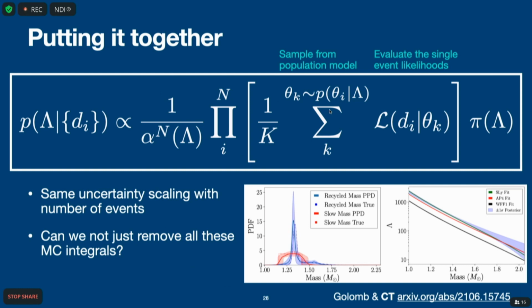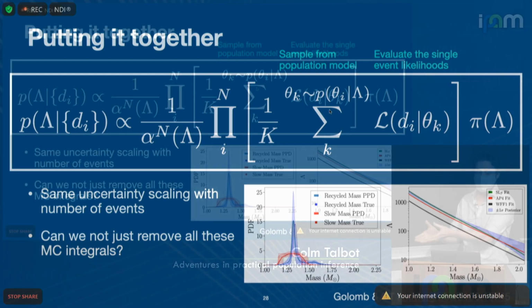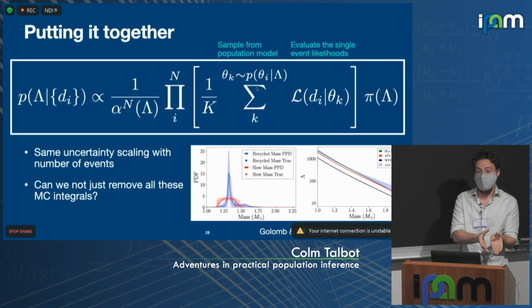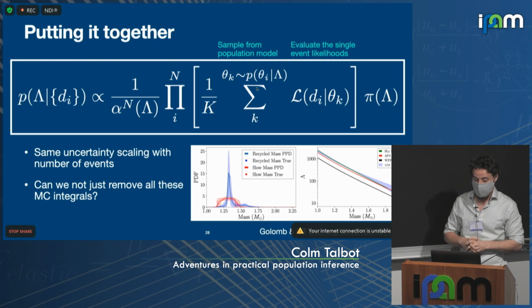This still has the same uncertainty scaling with the number of events, so it's not really a long-term solution, but it does solve this problem for especially this case of estimating the equation of state of nuclear matter. And one of the things we showed in here was that you really have to fit all the things together. You have to fit the mass distribution correctly in order to measure the correct equation of state, and vice versa, which the previous method would not have been capable of doing, really.